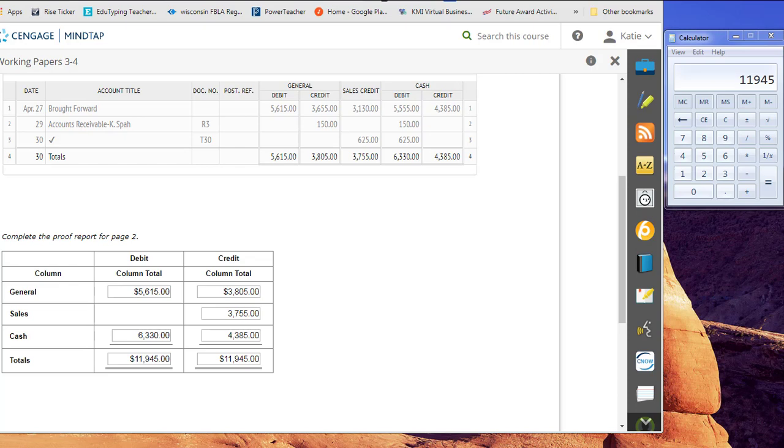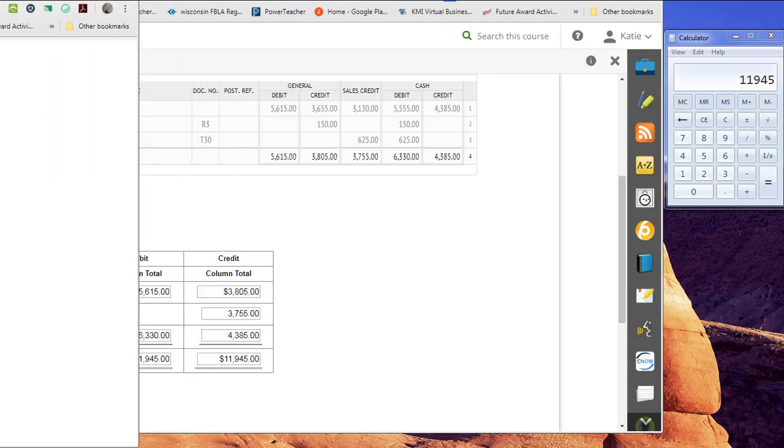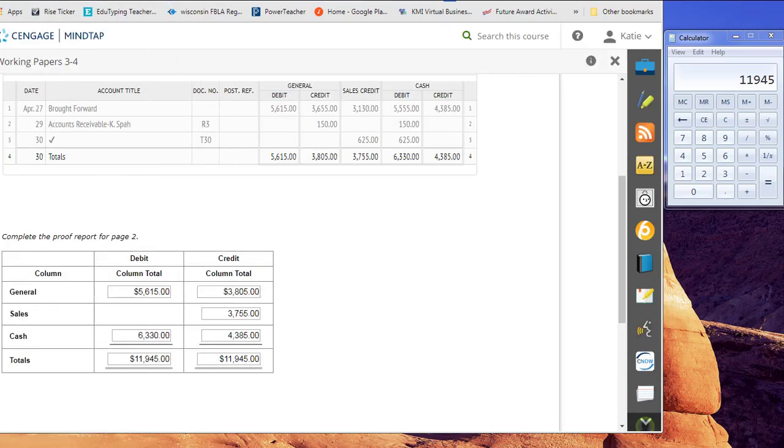After we get our debits and credits to equal, we are not done though. We have to do something else. So I'm going to pause while we go through and do some math.